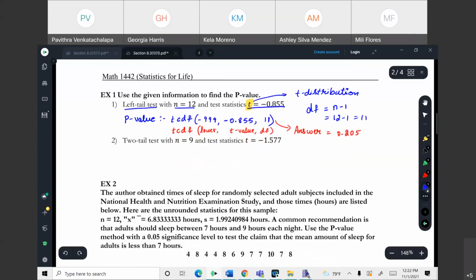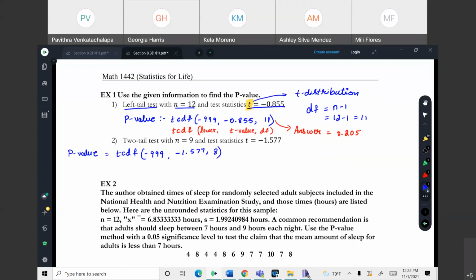So likewise, do for the second example, find the p-value. P-value will be equal to TCDF. It is a two-tailed test, so you will be writing minus 999 here, and t-value is minus 1.577, and your DF is 8. You can use left or right tail test. That's fine. Your degree of freedom here will be n minus 1, which is 9 minus 1 equal to 8.